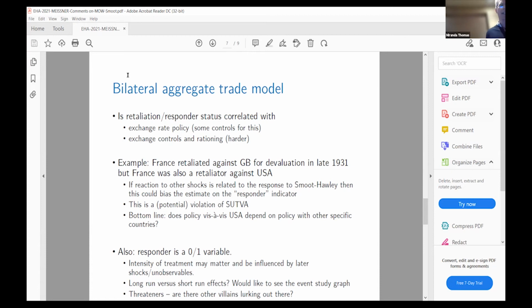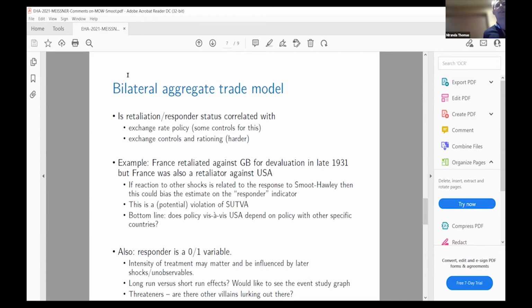And here I have a couple of questions. Let's stick for now to the aggregate trade data and think about when a country makes a response, what is driving that decision, and what could that be correlated with?